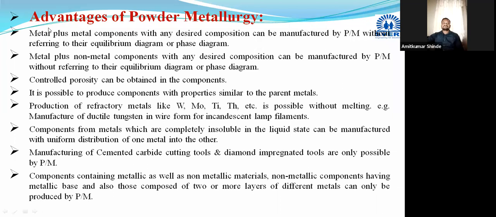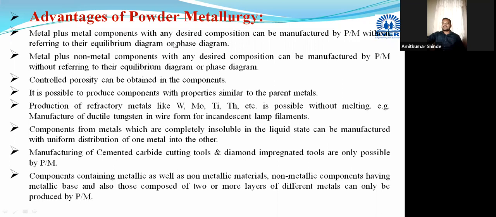Now we will start the discussion related to the advantages of the powder metallurgy technique. Lots of advantages are there. The first advantage is we can manufacture metal plus metal components with any desired composition without referring to the equilibrium diagram or phase diagram.